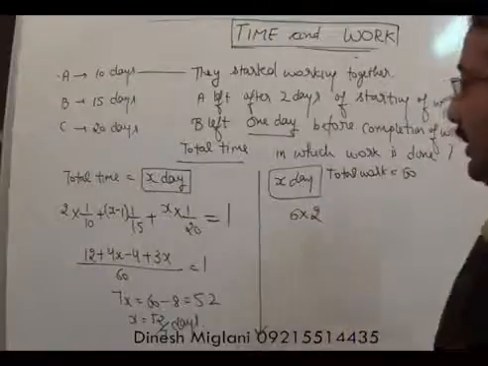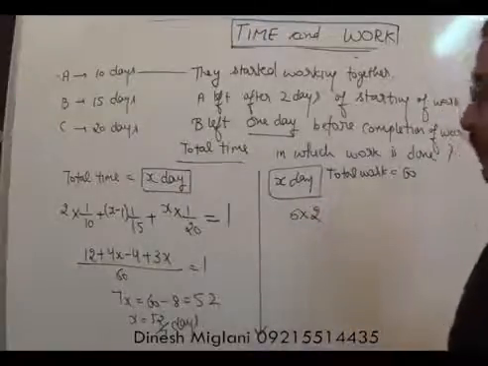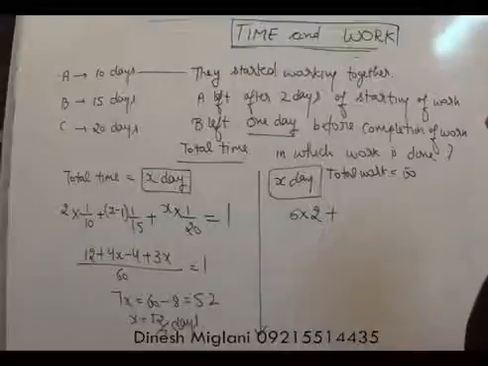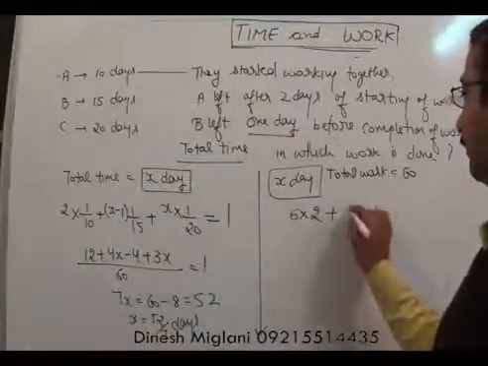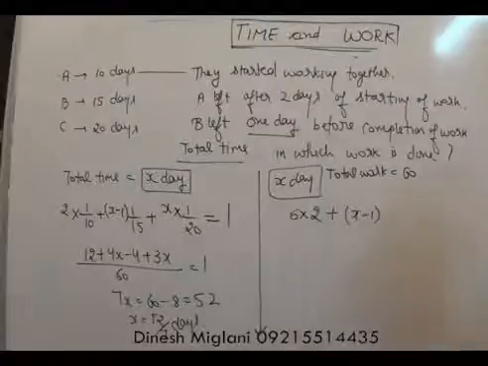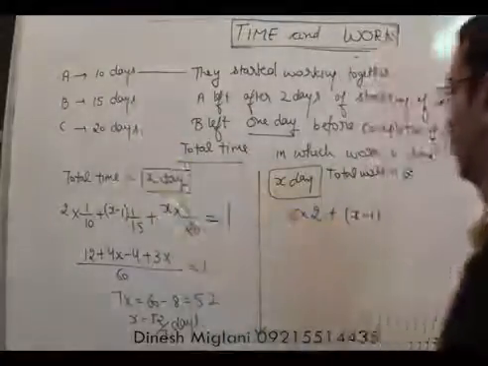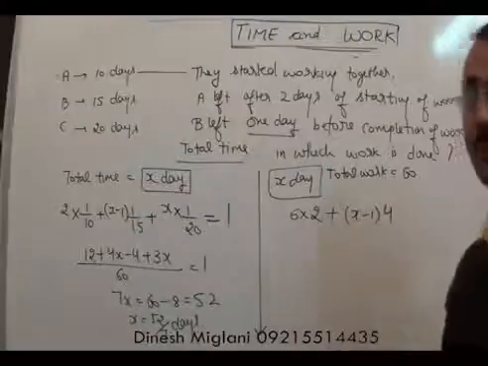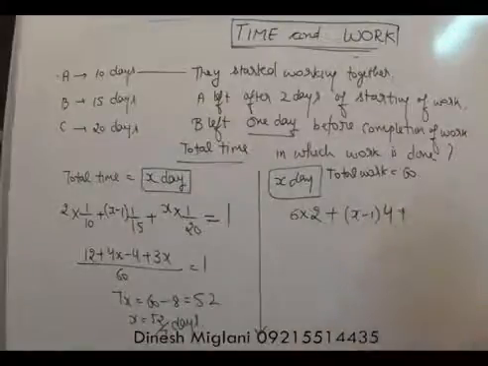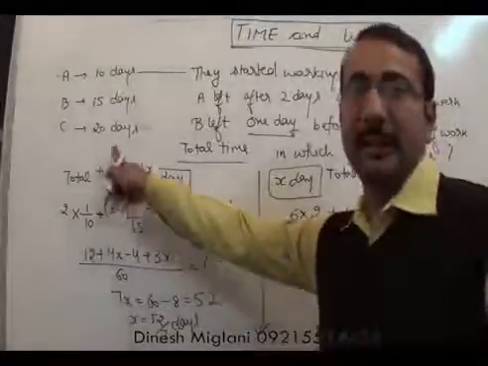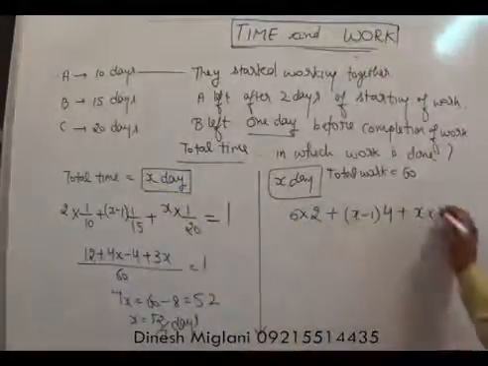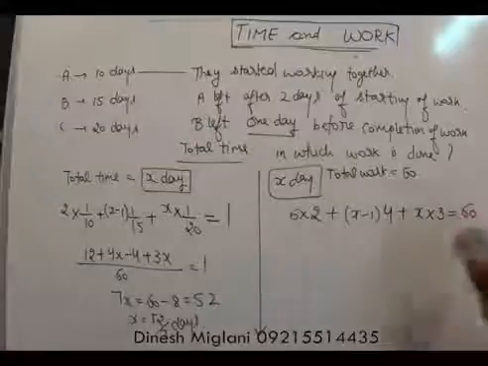It means how much work he has done? 6 into 2. Similarly B left 1 day before completion of work. It means he worked for x minus 1 days, and 1 day work of B is 4, multiplied by 4. Similarly C worked for x days, and 1 day work of C is equal to 3, and total work is equal to 60.